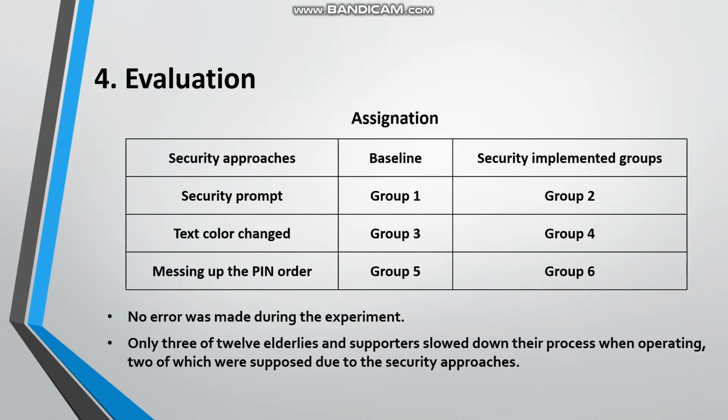No errors were made during the experiment, and only 3 of 12 elderly and supporters slowed down their process when operating, and 2 of them seem to be due to the security approaches. So it means the approaches we implemented have some negative impact on usability.